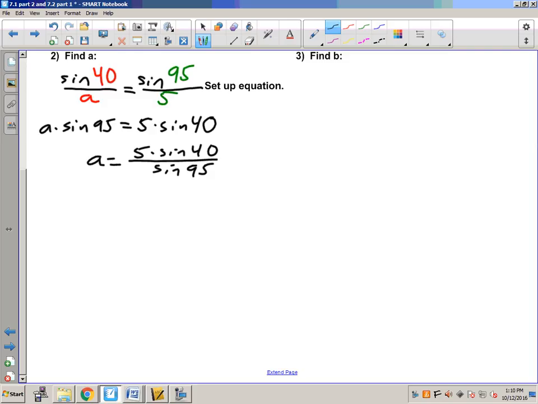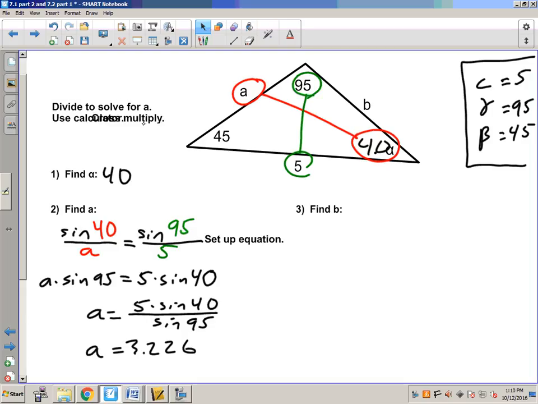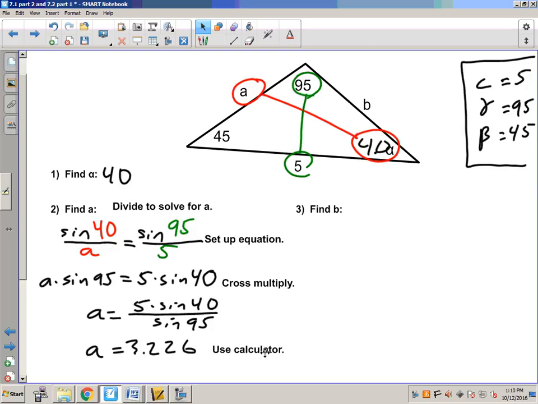Remember, in this class, unless told otherwise, we'll be rounding to the nearest 1,000. Hooray! We did it.